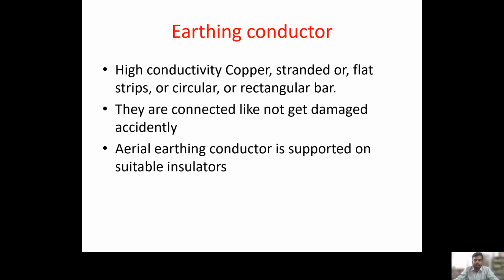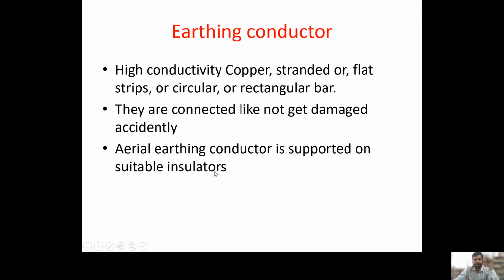In order to provide better conductivity and better protection of our equipment, we have to make sure that the earthing conductor does not fail at any cost, and that it does not get damaged accidentally. These are the things we need to consider while selecting a good earthing. An aerial earthing conductor is supported on suitable insulators.